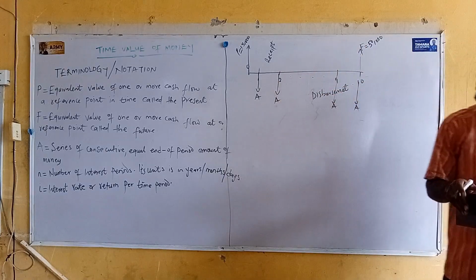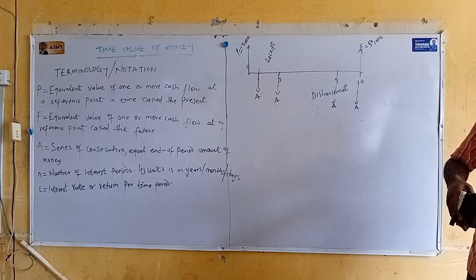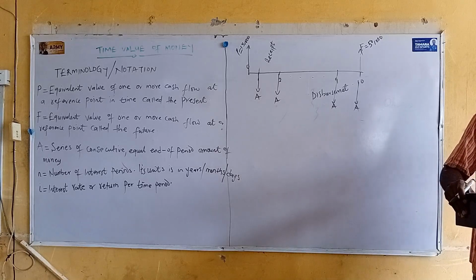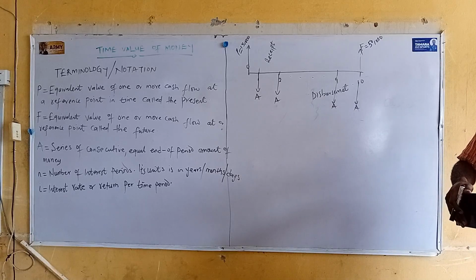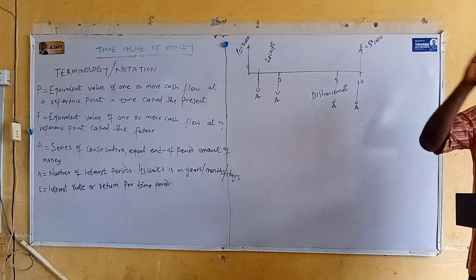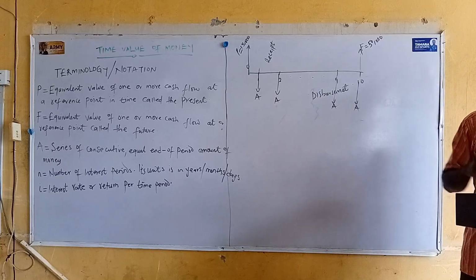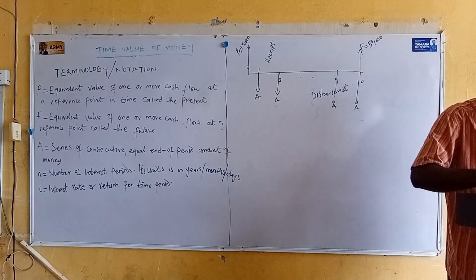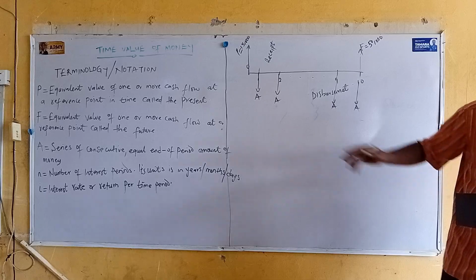Let me ask a question. You want to save 5,000 every year for 10 years to be able to pay your school fees in that period. But in the first instance, somebody gives you 5,000. Will it be an up or down arrow?